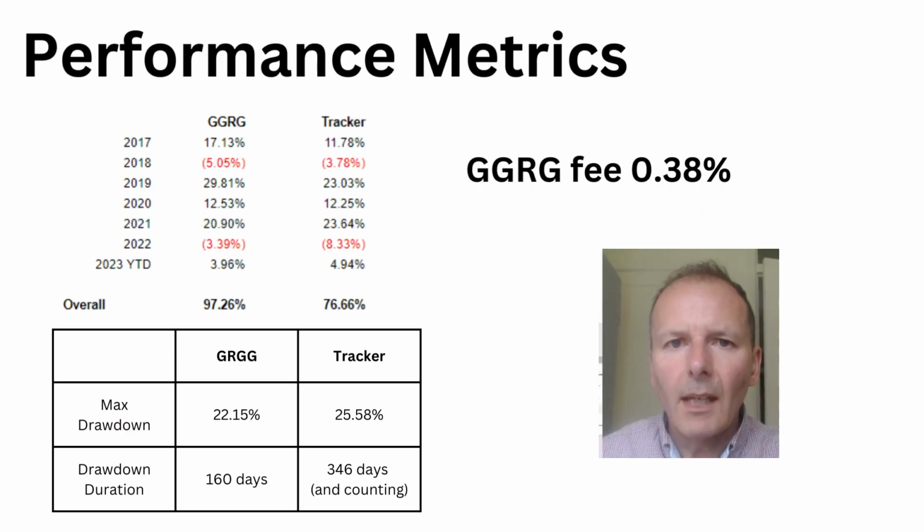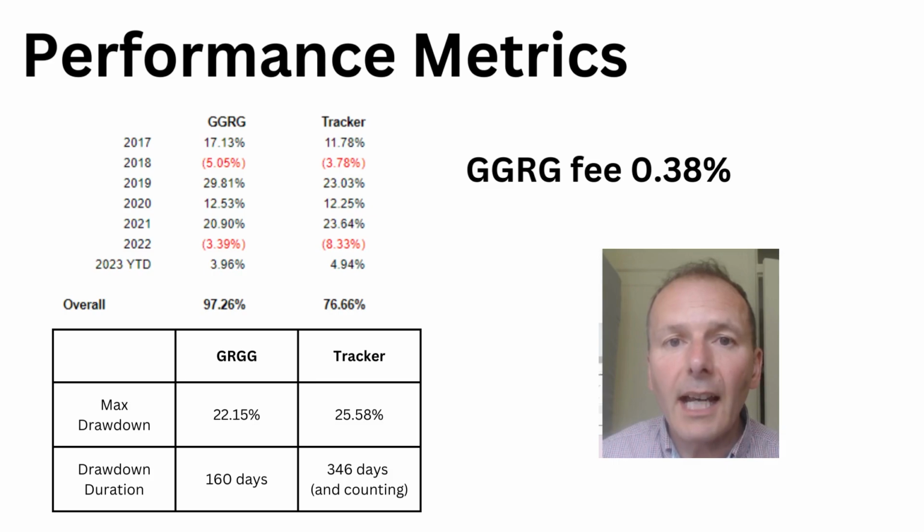Here are some performance metrics of GGRG versus a global tracker. The one I've used is SWDA. So GGRG has outperformance in terms of total return of 97% versus 77%.